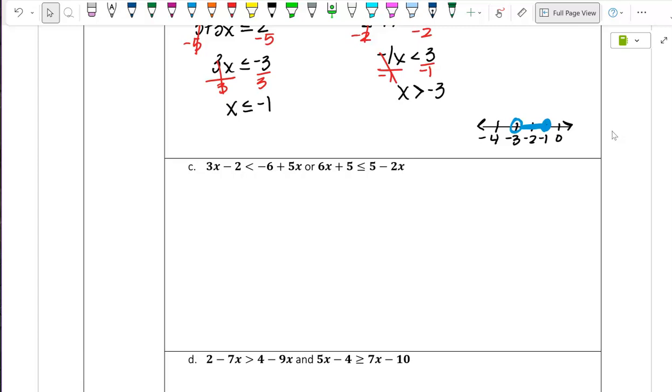Problem C is an OR problem. 3x minus 2 is less than -6 plus 5x, or 6x plus 5 is less than or equal to 5 minus 2x. So again, I have two inequalities to solve.